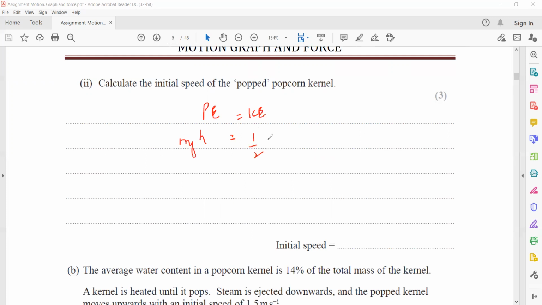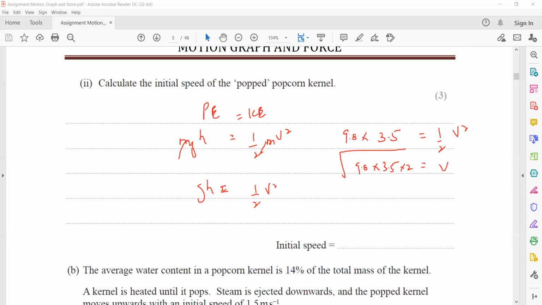Kinetic energy is half m v squared. m will cancel with m, so gh equals half v squared, where g is gravity, which is 9.8, and h is the height, which we worked out in the previous part. Half, and v squared, 2 is divided, other side multiply 9.8 into 3.5 into 2, and then take a square root. You will get its speed, which will come out as 0.82 meters per second.